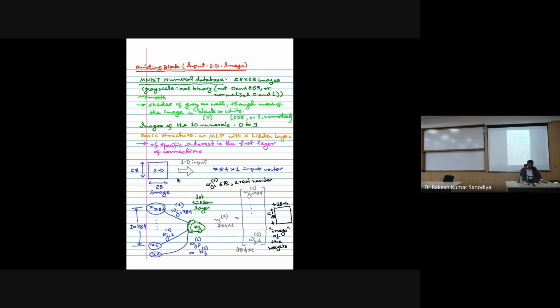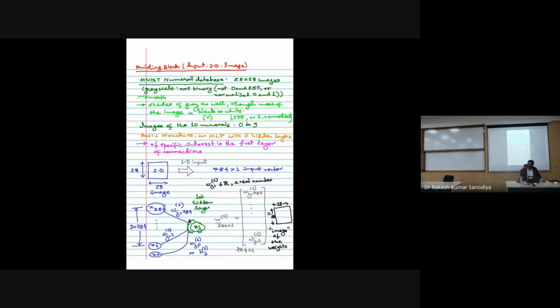This is the example that Raju told me. This is the MNIST dataset wherein the inputs are 28 cross 28 images. If I linearly lay it out in raster scan order, or what computer scientists call row major, or for that matter column major order, this is a 784 cross 1 input vector.